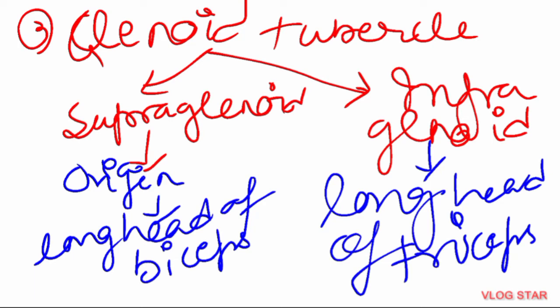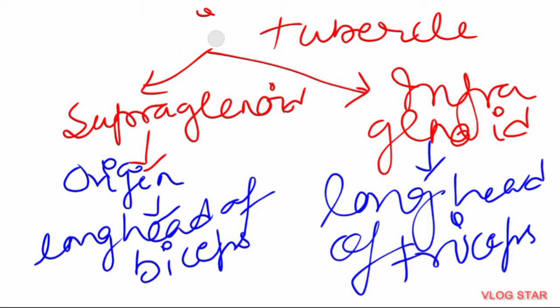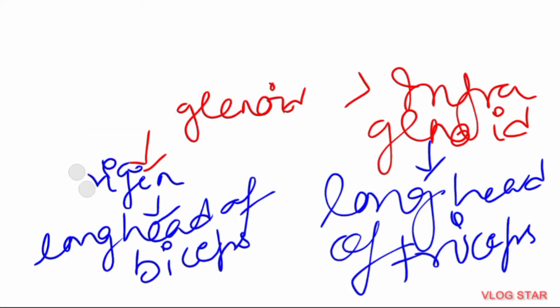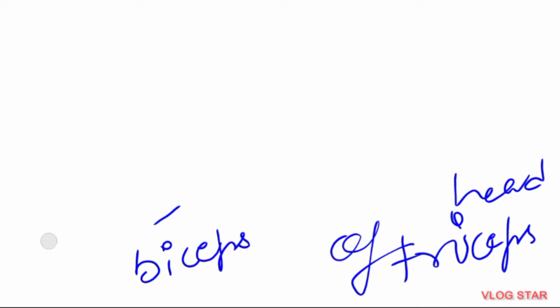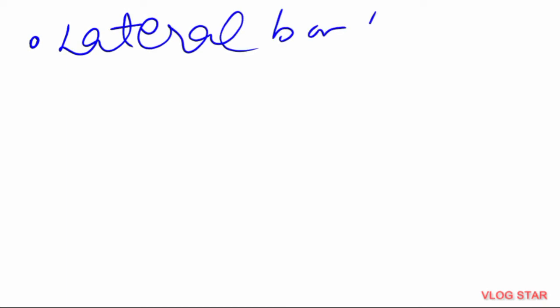Now we have to see its lateral border. We have to make some other space. Now lateral border: origins of teres minor and teres major muscle.